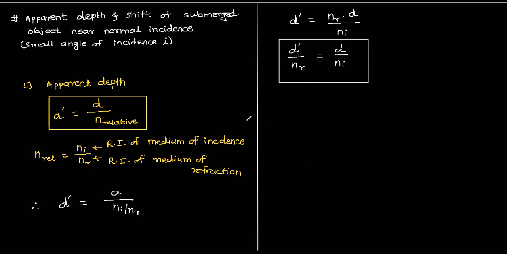Next one, that is apparent shift. In this case, near normal incidence. Let's give it number 2 because already I gave number 1. So this is number 2.